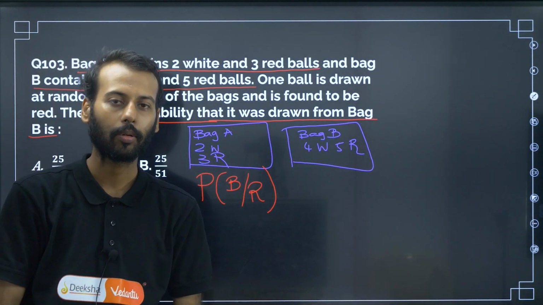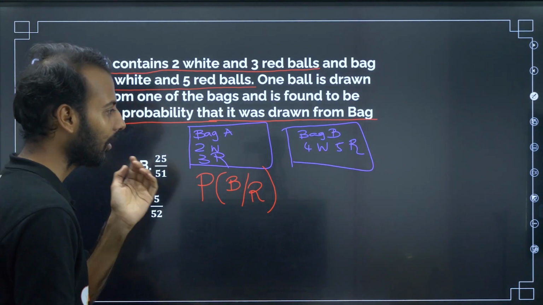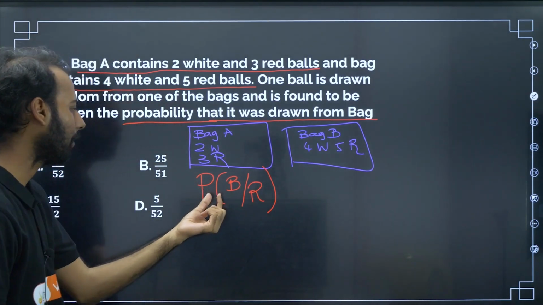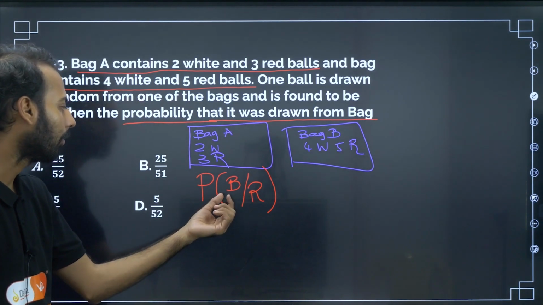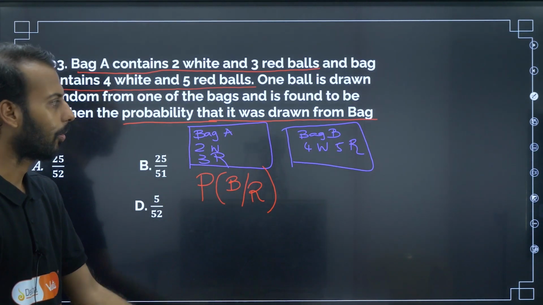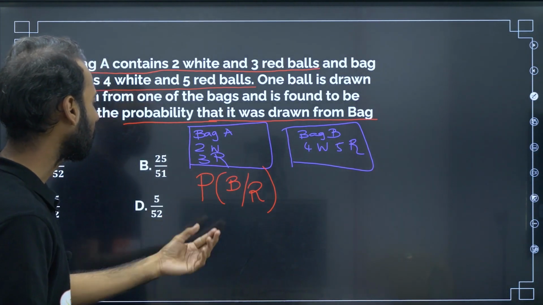Whenever conditional probability comes, generally we have three theorems: the total probability theorem, Bayes theorem, or the conditional probability definition. Which is most suitable? You try to relate it with Bayes theorem.